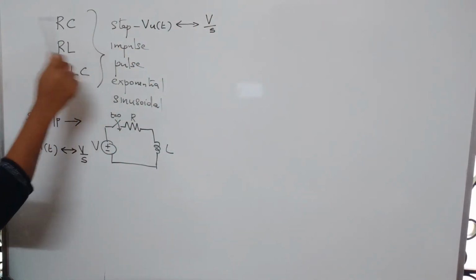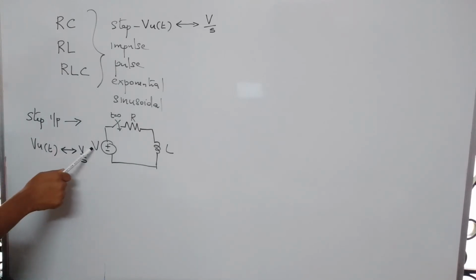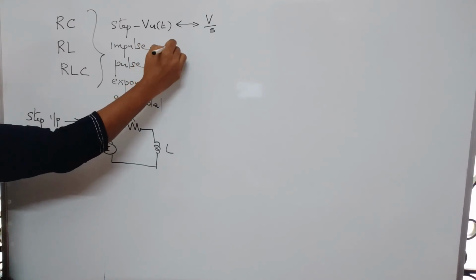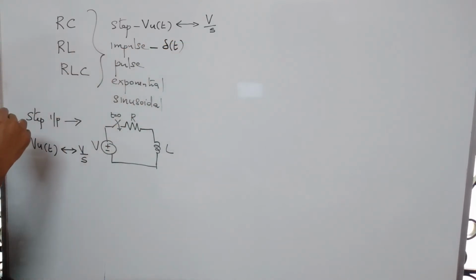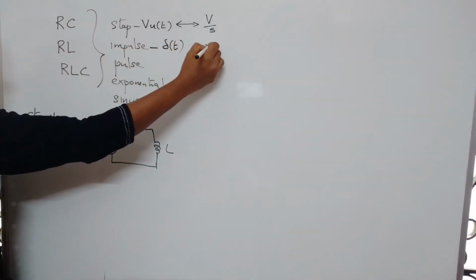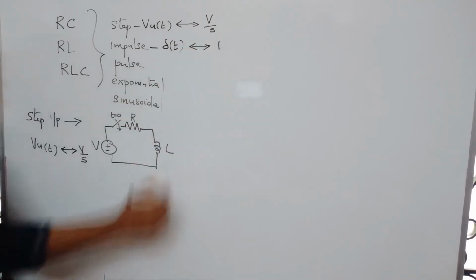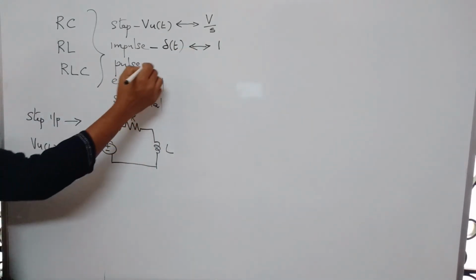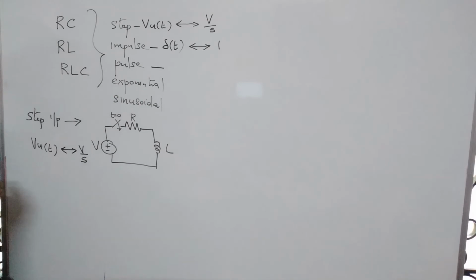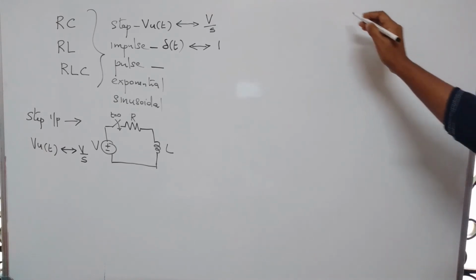Now what about impulse? Impulse means here in the source side you are going to apply delta(t) as the input. Now how will you represent that in S domain? As 1. Then now we will see pulse. By pulse what we mean is, I will show you an example.